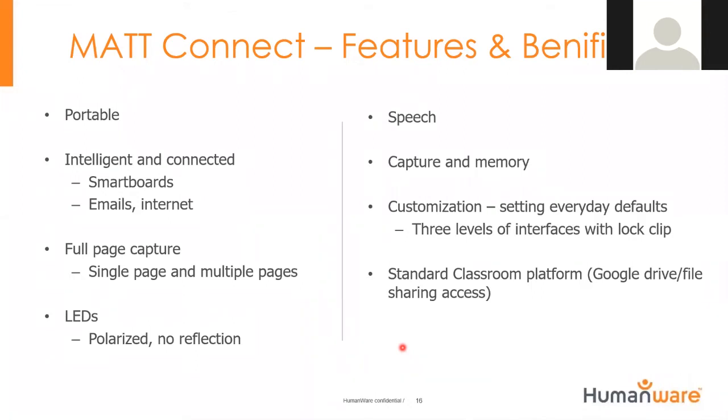Full page capture. This is very important when you capture exercise examples, or you're passing around something for other students in the class that are not visually impaired, and you'd like the visually impaired students to be reading the same page. Then you can capture the full page and have the character recognition software go through it and have the characters changed to a computer font.